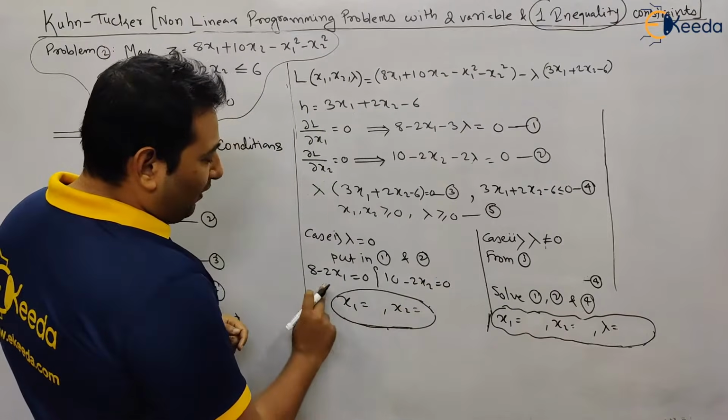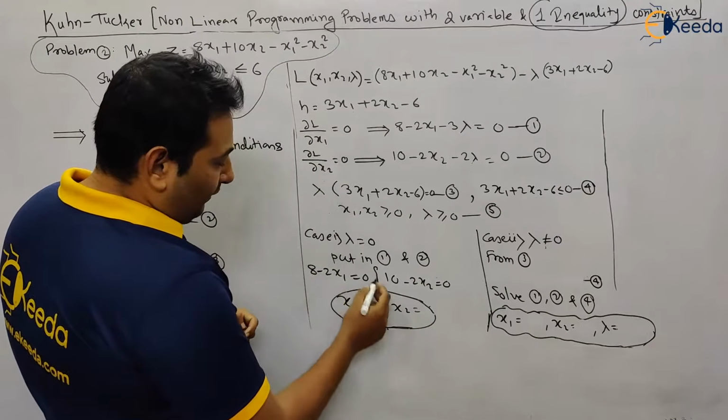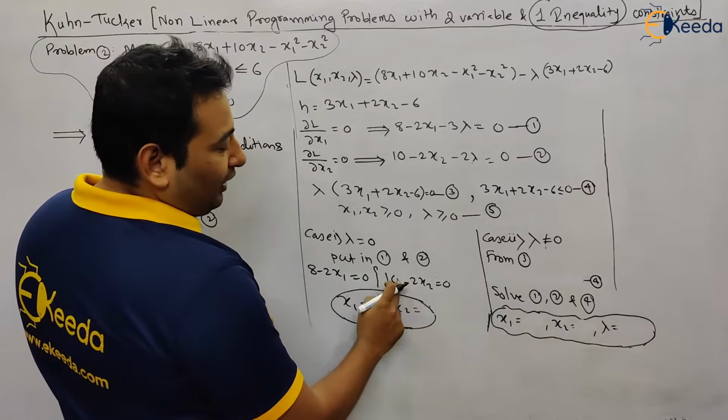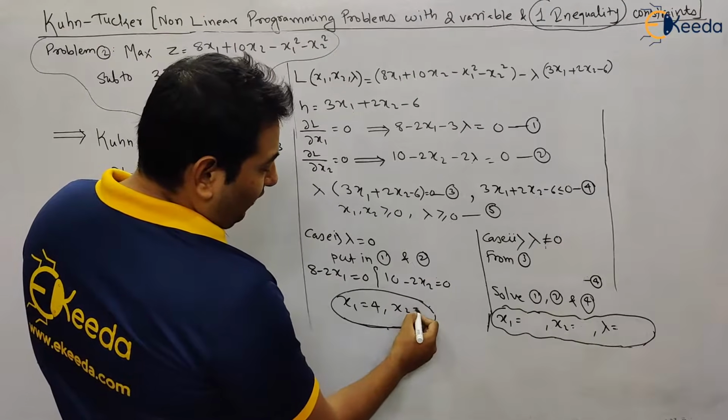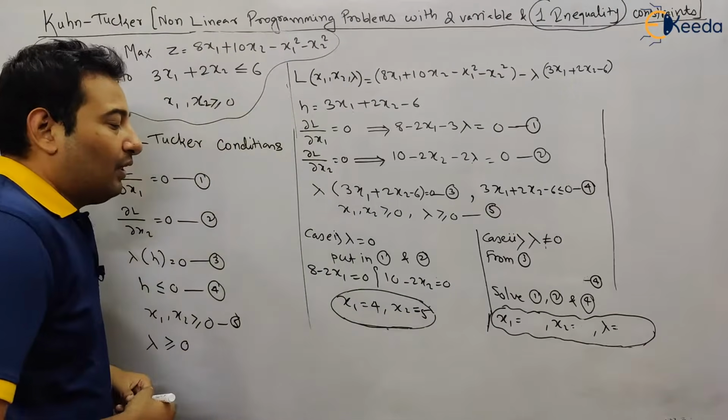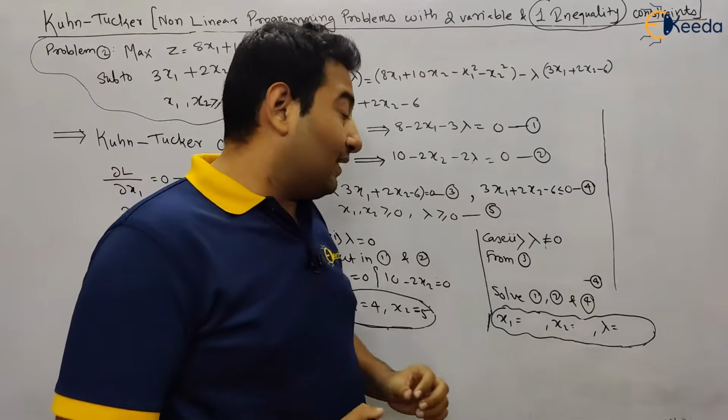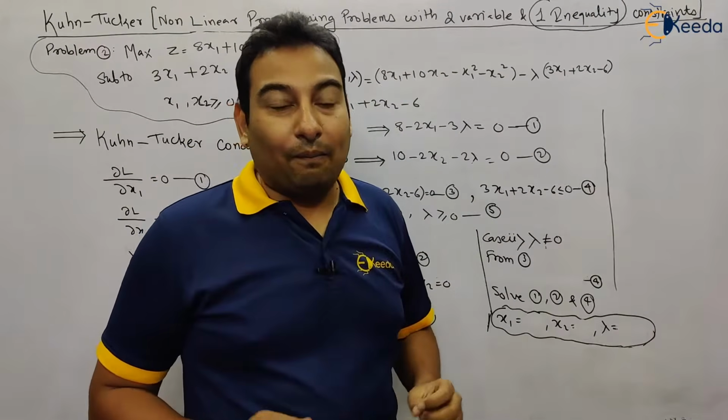So simply x1 will be equal to 4, and for x2, 10 will go to that side and become minus 10, so x2 is 5. We got the values of x1 and x2, but we cannot use them before checking.